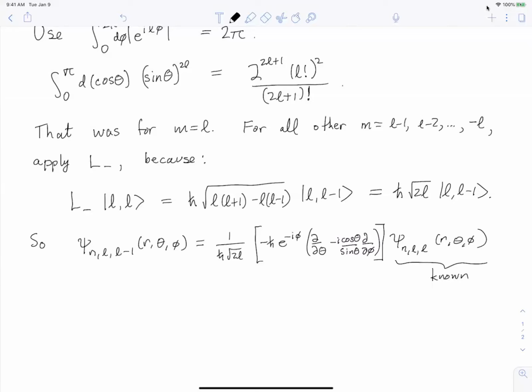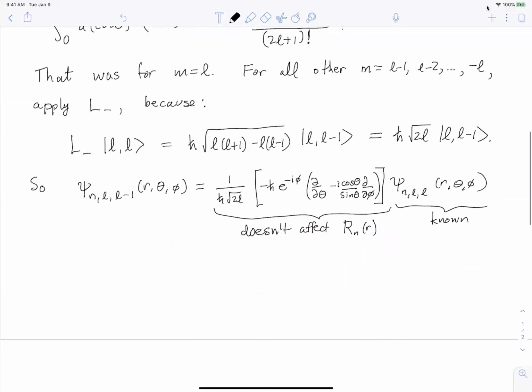So it's a little bit of a mess, but the nice thing is, if we look at it, we notice that it doesn't affect the radial coordinate r at all. It doesn't act on the radial coordinate. So this doesn't affect capital R, that function.